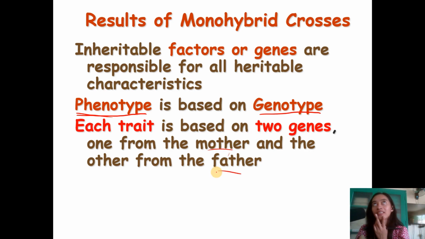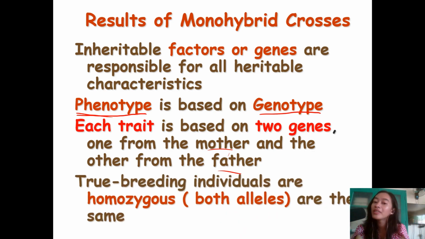So, ang kada trait daw, gikan gyud daw na sa mama or papa niya, wala na sila, combine, and then, what ang result? Okay, so true breeding individuals are homozygous, or both alleles are the same. When we say pure breeding or true breeding, kato siyang pure siyang capital letters or pure siyang small letters.